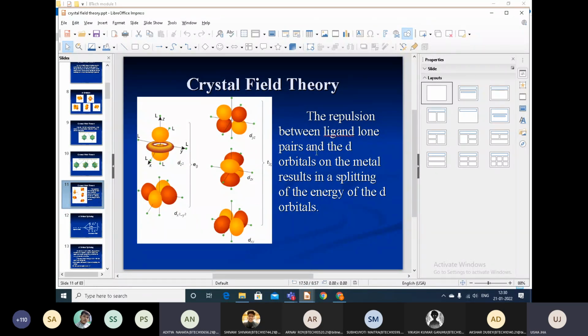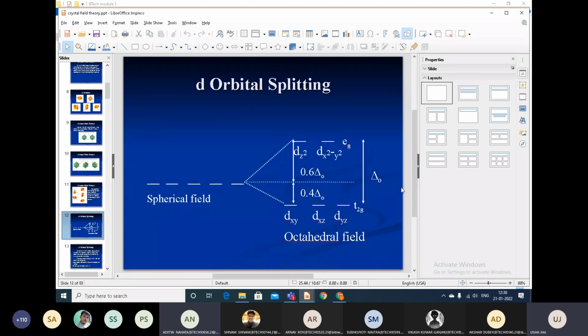We have seen that the repulsion between the ligand lone pairs and the d orbitals on the metal results in a splitting of the energy of the d orbitals, and the splitting is shown here, delta O. The EG increases by plus 3/5, and the T2G is minus 2/5. So this becomes minus 0.4 delta O, and this becomes plus 0.6 delta O.